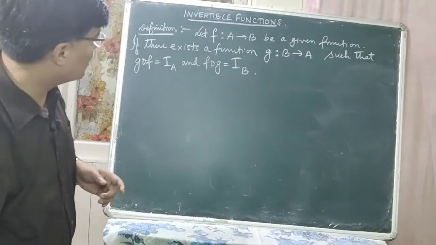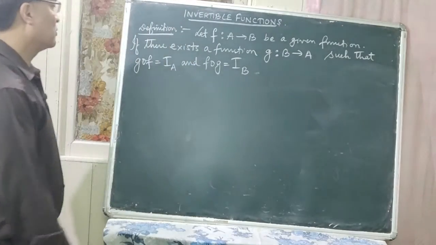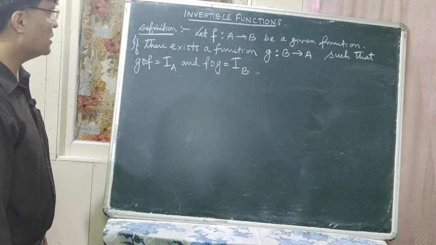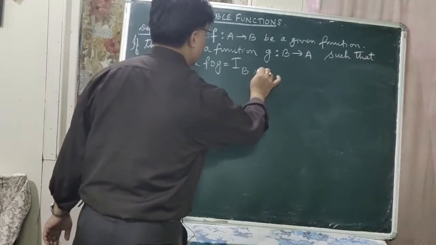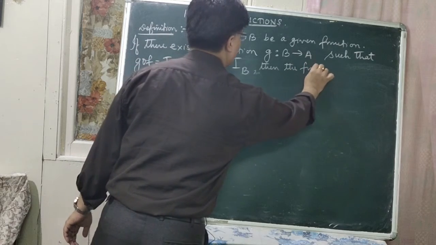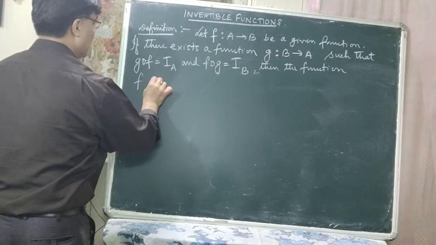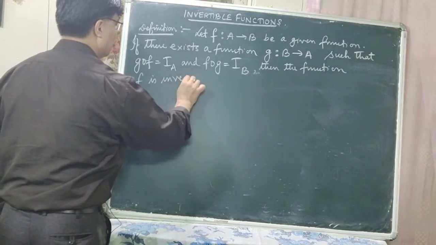So, G o F is equal to IA and F o G is equal to IB, then F is invertible.